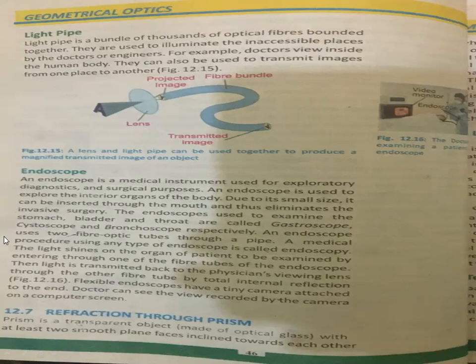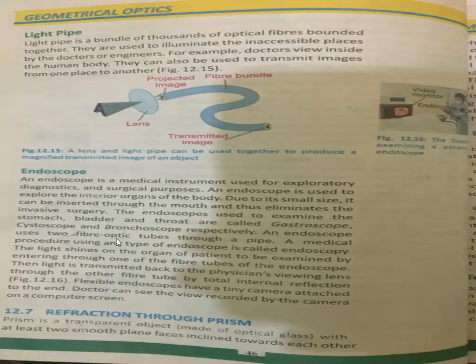An endoscope uses two fiber optic tubes through a pipe. A medical procedure using a type of endoscope is called endoscopy. Whether they are examining the stomach, the bladder, or the throat, this process is called endoscopy. What happens in endoscopy? The light shines on the organ of the patient to be examined. For example, to examine the stomach, they will use the gastroscope.